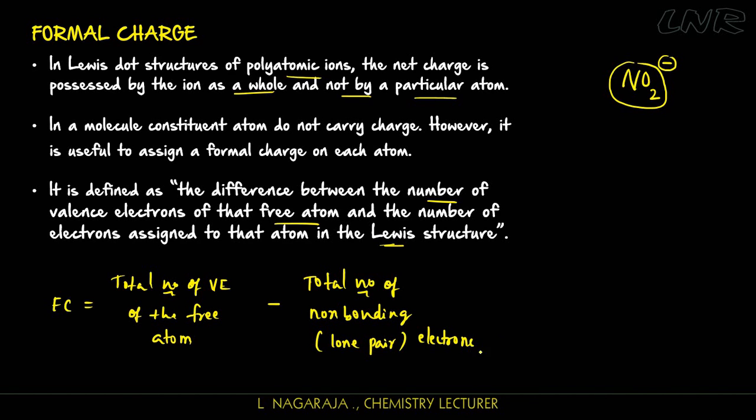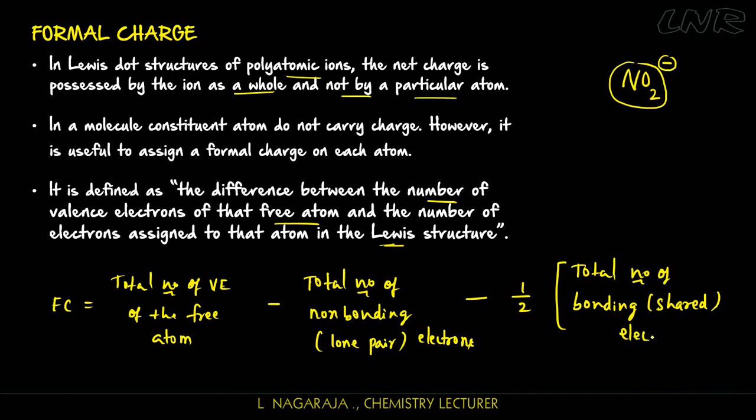So lone pair is nothing but the electrons which are not involved in the bonding, and that is minus half of the total number of bonding, that is shared, electrons.